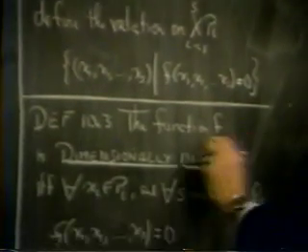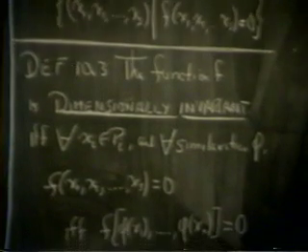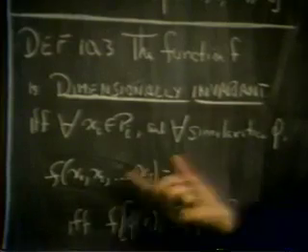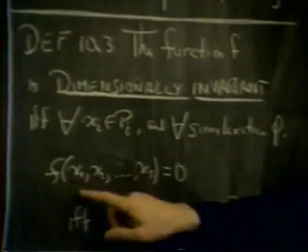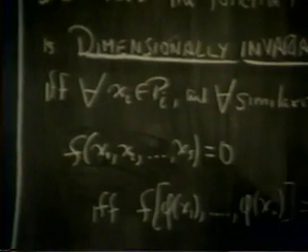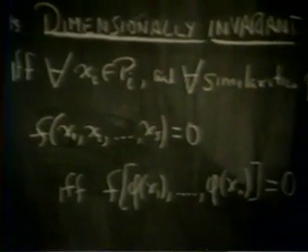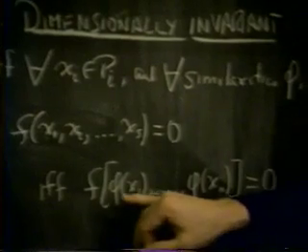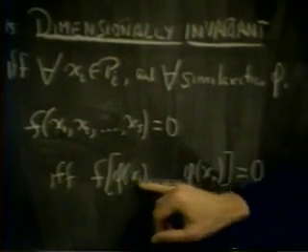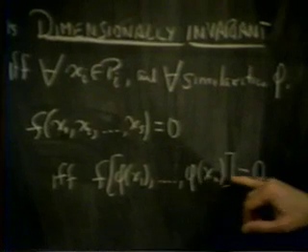The function f is said to be dimensionally invariant if and only if it has the following property: f will be 0 at the values x1 through xn if and only if, for every similarity in the structure, it also goes to 0 at the value phi of x1 through phi of xn.